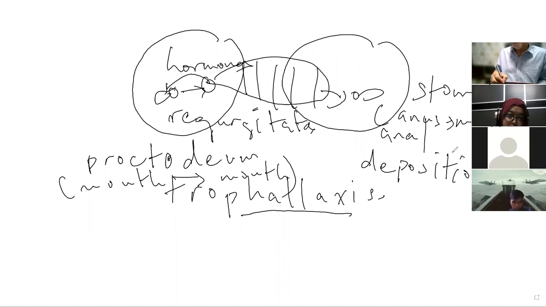So in this process, trophallaxis, hormone is being transferred. And the queen has the ability to detect the instability of the colony.